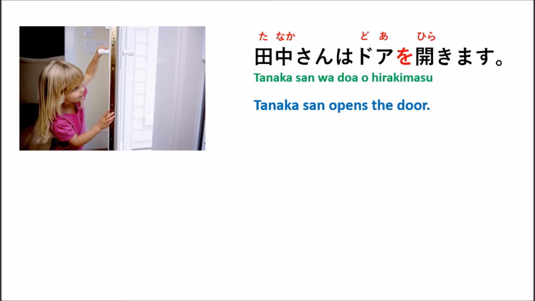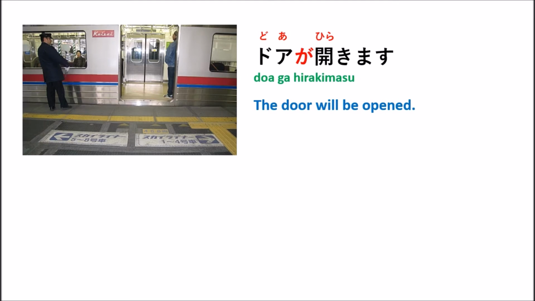And let's see the next example. In this case, as you see here, we have the train. The door in the train will open automatically and close automatically, right? That means there is no need for anybody to take action.